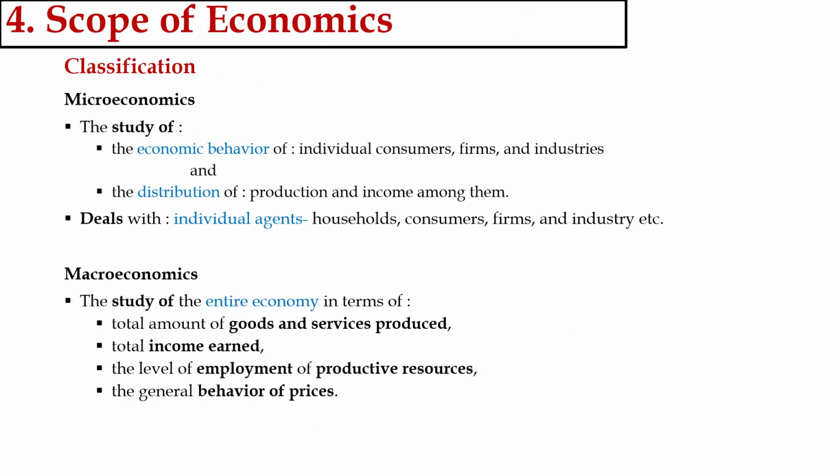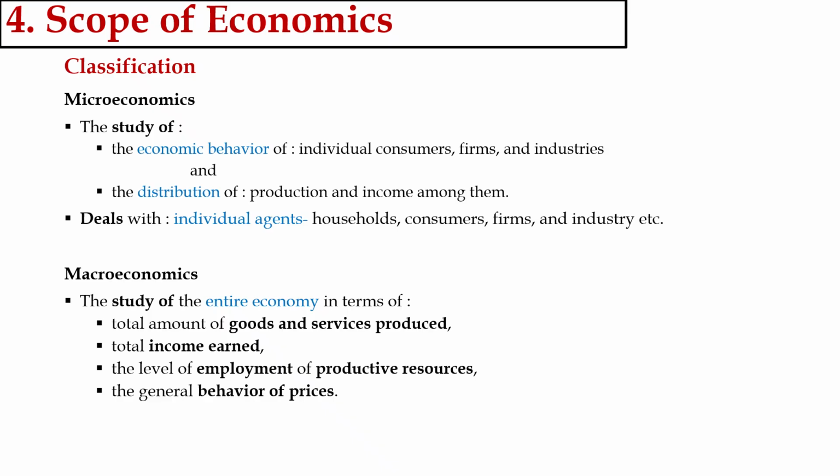The next thing that we are going to discuss here is the scope of economics. Classification means there are two types of economics. The first one is microeconomics and the second one is macroeconomics. I'll give you a very simple way of remembering and understanding what we mean by micro and macro.